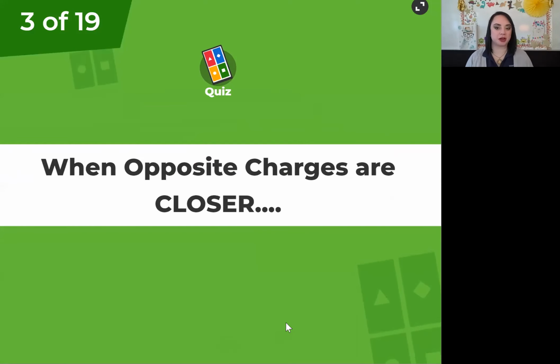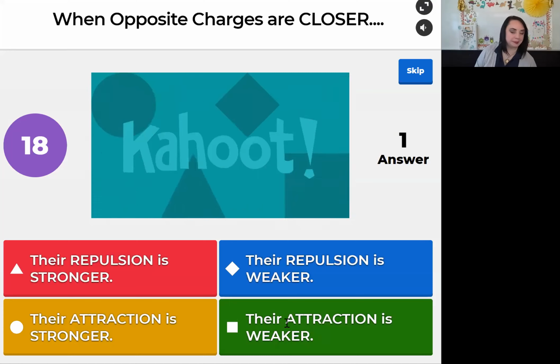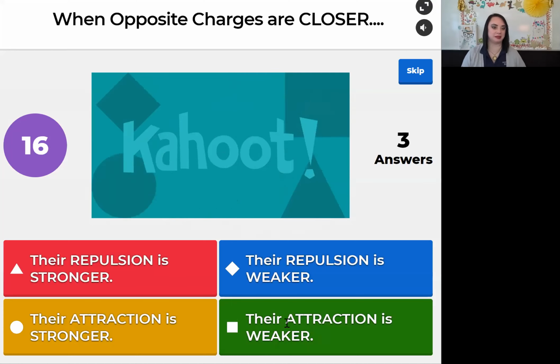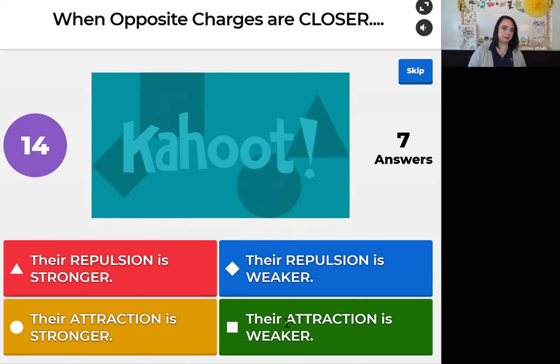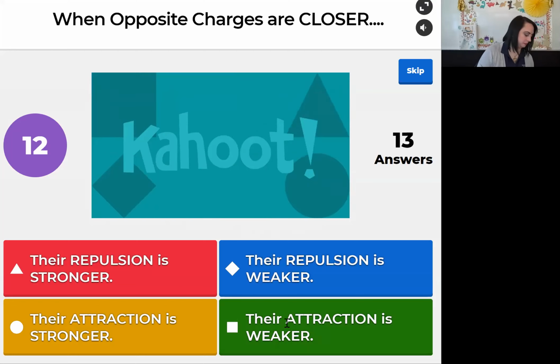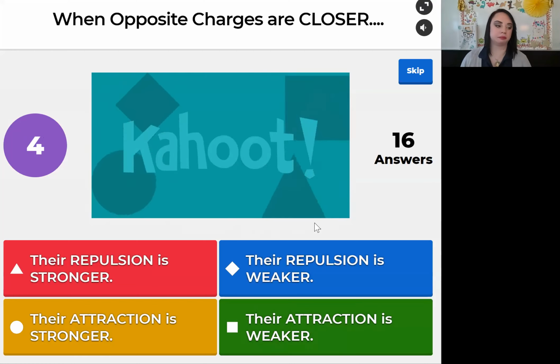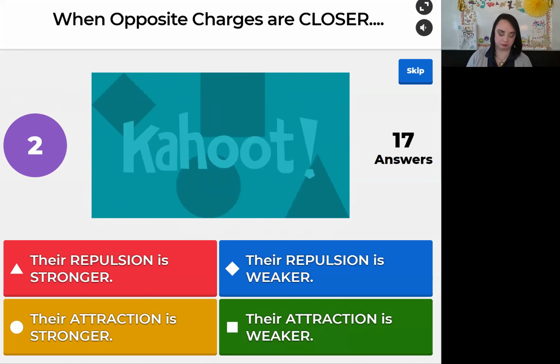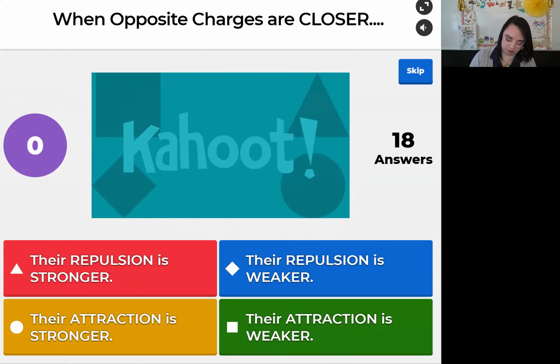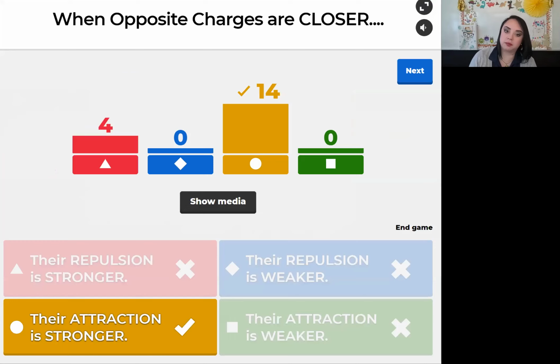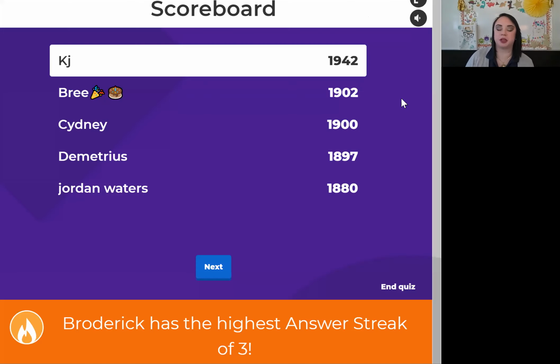When opposite charges are closer, what will happen? If they are closer, then their attraction will be stronger. Good.